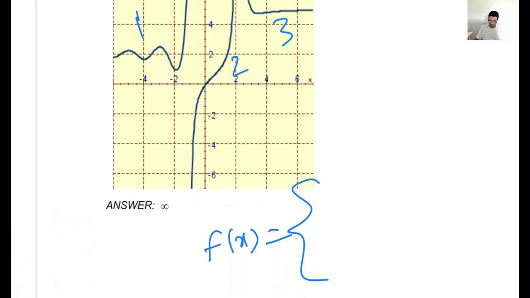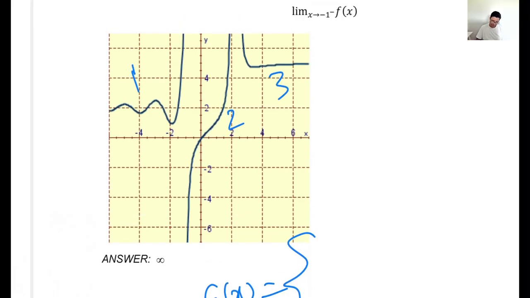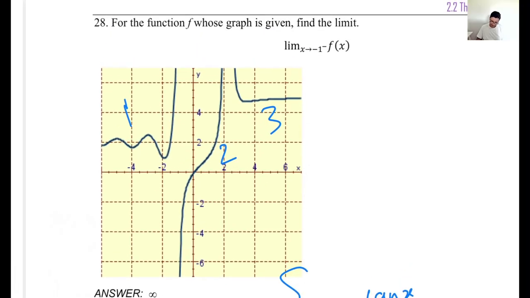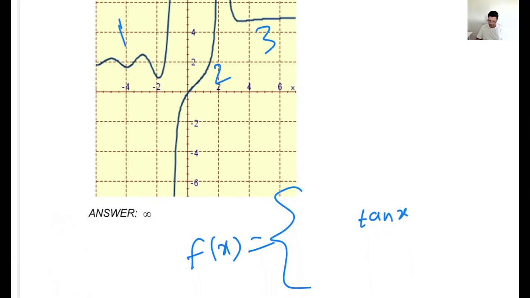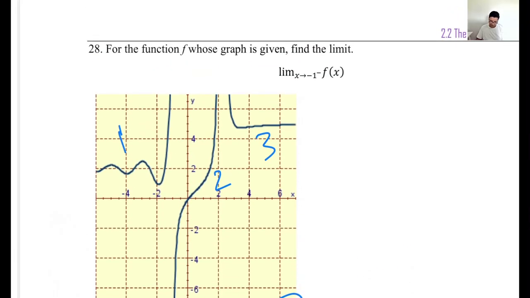I will not get into too much detail here in this video. The middle one, it looks like a tan graph to me. And on the right side, it could be either a hyperbola or some logarithmic function which is decreasing very fast. So lots of possibilities there in terms of equations. I will not write that.